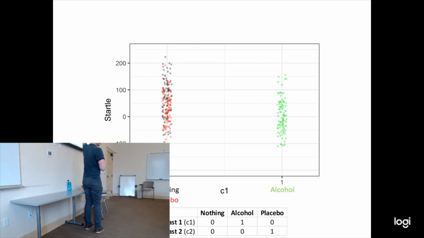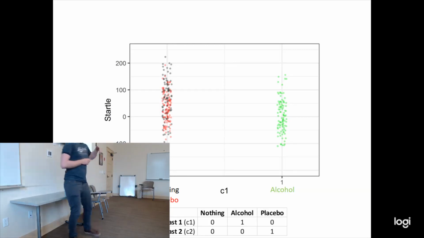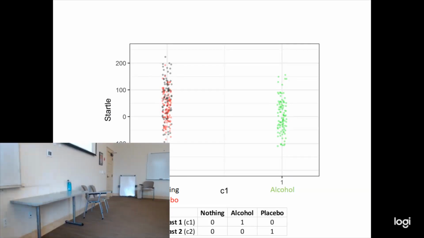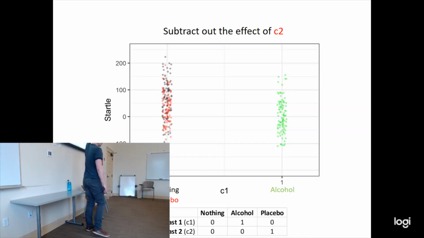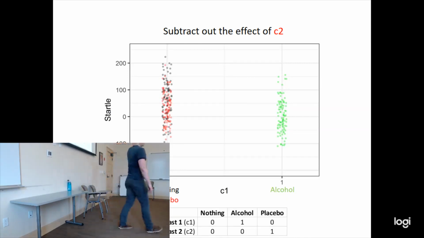This is what happens when you plot C1 and ignore C2. And what I'm going to do is basically subtract out the effect of C2. I'm taking C2, its predicted effects on anxiety, and subtracting that out of the graph.